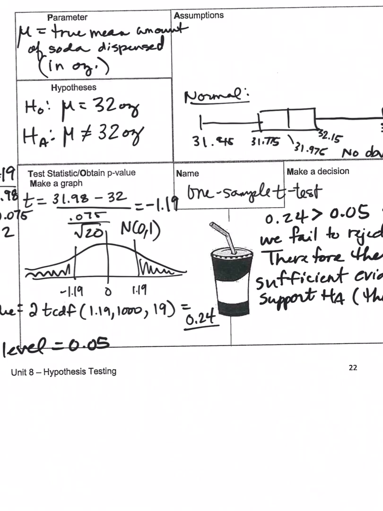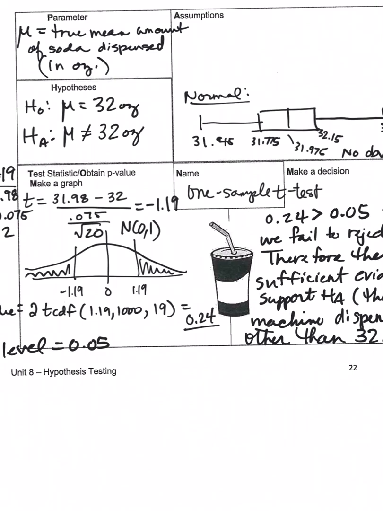The soda machine is what? Is dispensing 32 ounces. Something other than, yep, 32 ounces of soda. Something different from, other than what we got, okay?